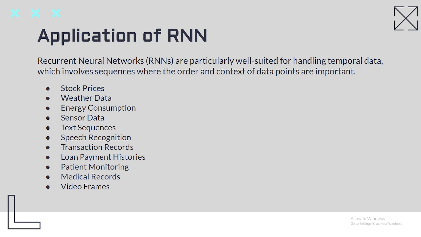In environmental monitoring, they help forecast weather, track energy consumption, and interpret sensor data, all of which depend on understanding how values change over time. In healthcare, recurrent neural networks analyze patient monitoring streams and medical records to spot anomalies, trends, or predict critical events before they happen.